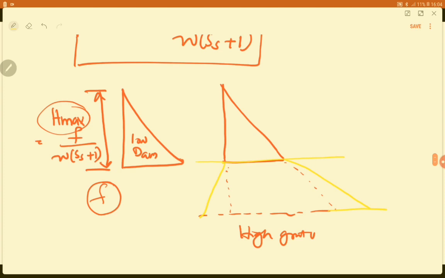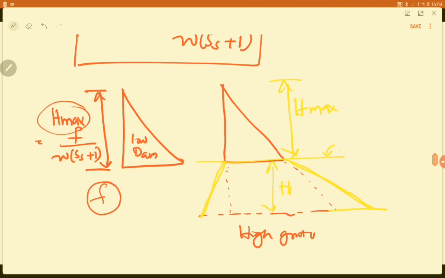So this value is H max, that is the same as F by W into (SS plus 1), and this is the limiting height of the low rise dam, and below that let it be H1. In this H1 portion, you will have a different slope for the upstream and the downstream side, so that the structure is stable. Okay, this is called a high rise dam.